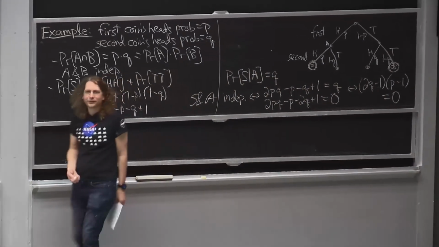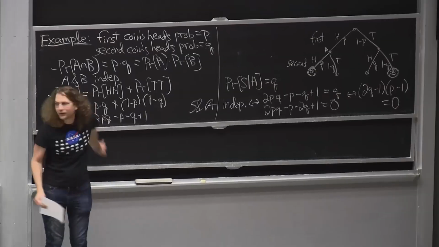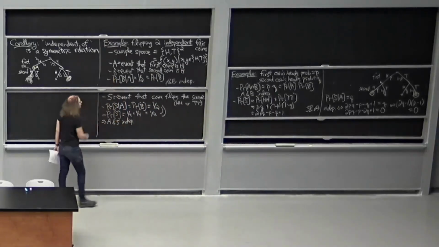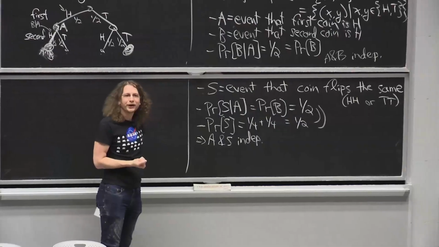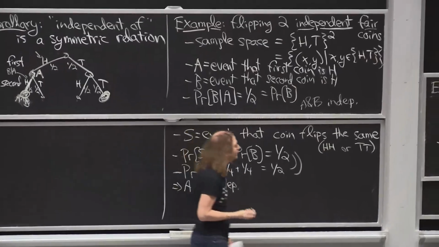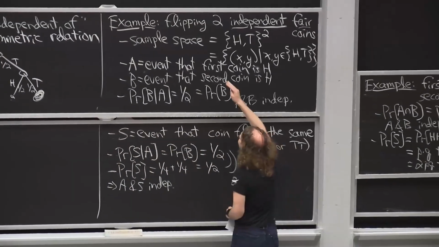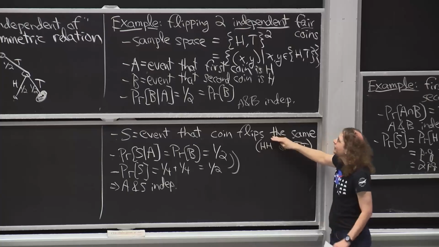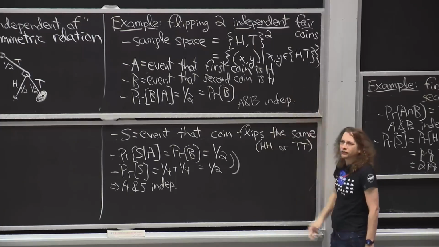And so what we found here, that S and A were independent of each other, really means that the coins are fair. Fair coins and one-sided coins are the only situation where this S event, that the coins come out the same, is independent of the first or second coin.